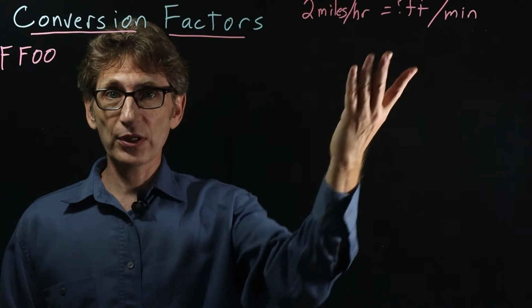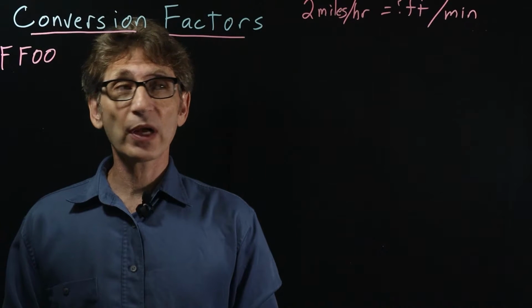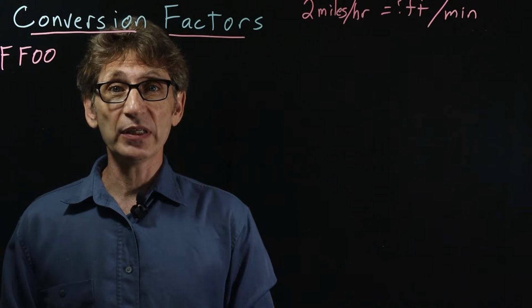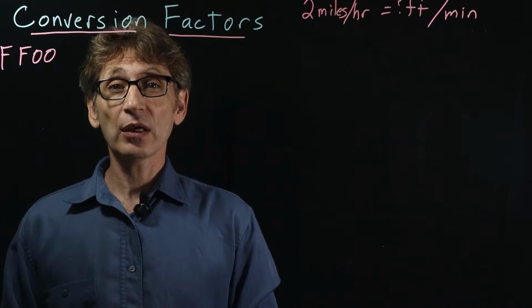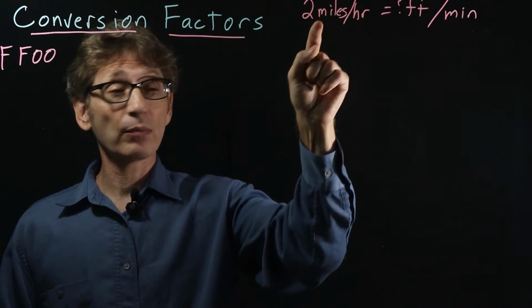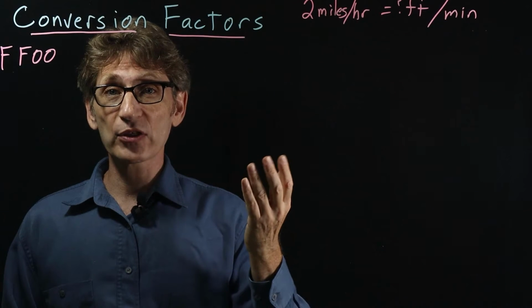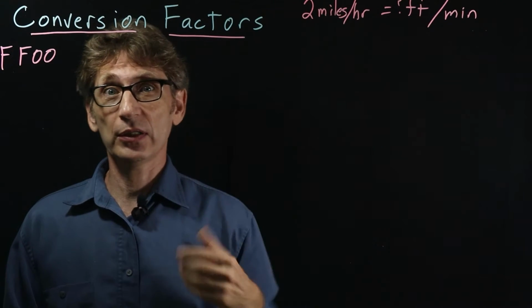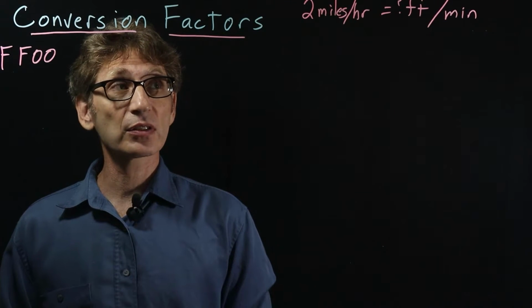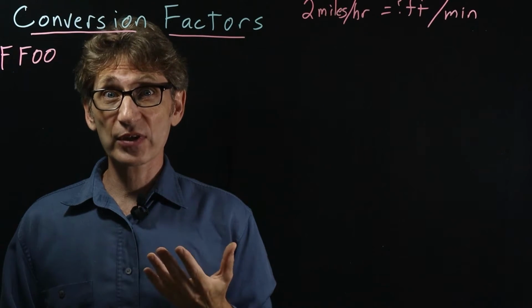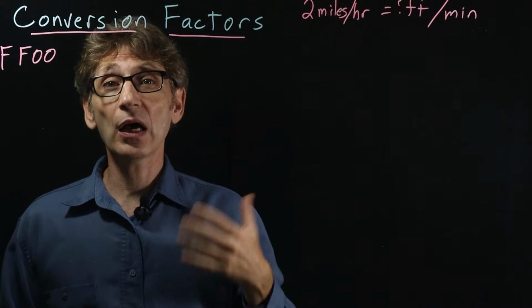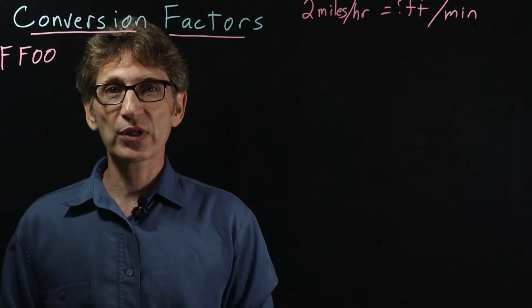Let's consider this scenario. 2 miles per hour is a rate of speed, and I want to convert that into feet per minute. So I will need to convert miles, a unit of measurement for distance, into feet, another unit of measurement for distance. And I will need to convert hours, a unit of measurement for time, into minutes, another unit of measurement for time.